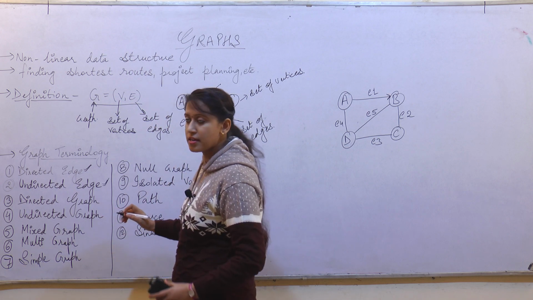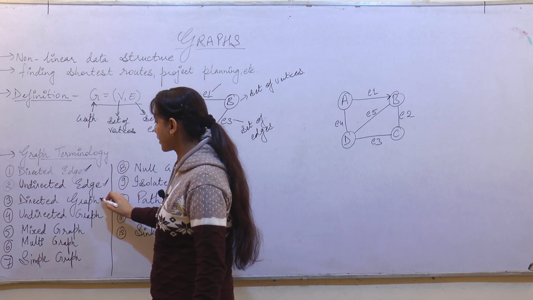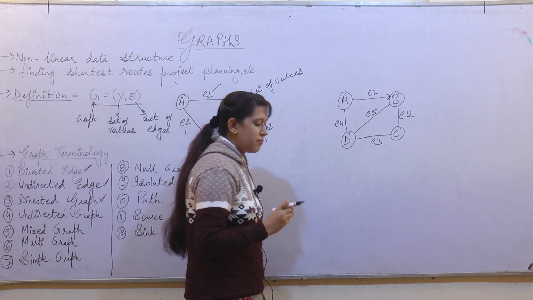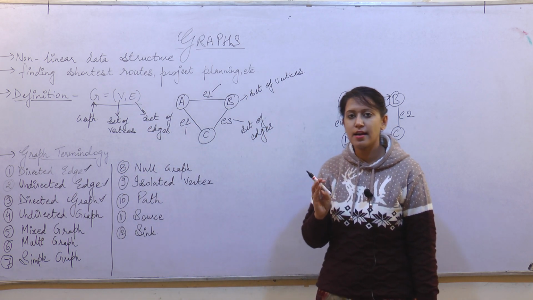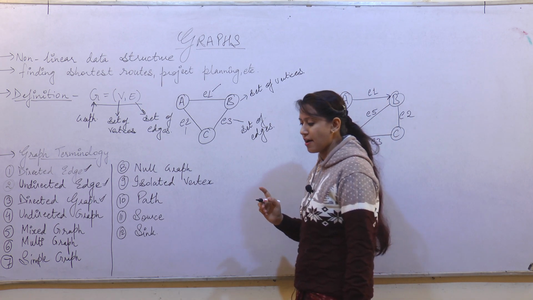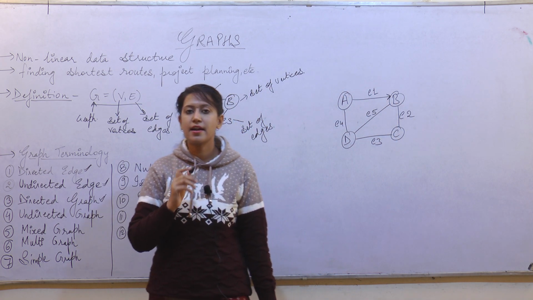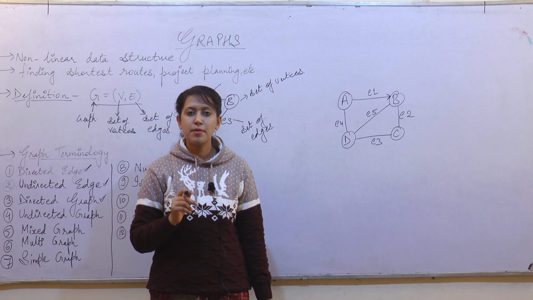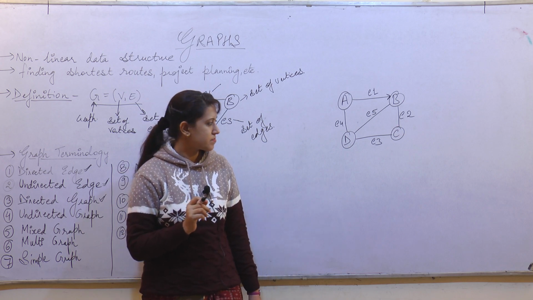Now the third terminology is directed graph. Till now we have studied directed edge and undirected edge. Now directed graph. Directed graph is nothing but a graph with all the edges in proper direction.